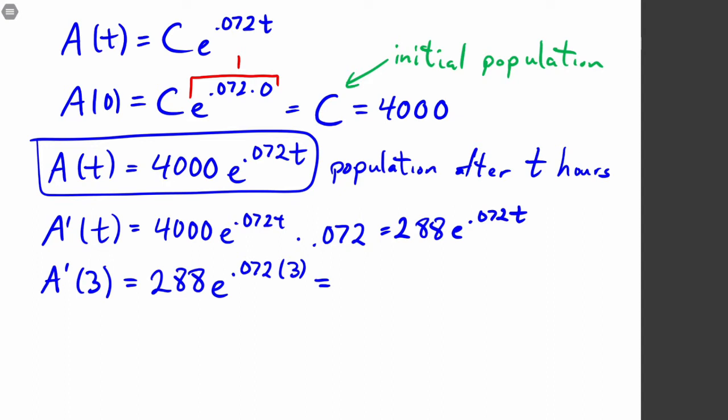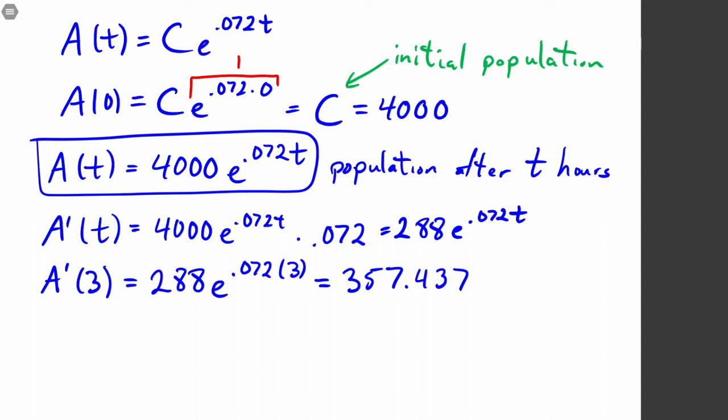Then we're going to multiply that by 288. So this number here is about 357.437. Okay? So what does that mean?